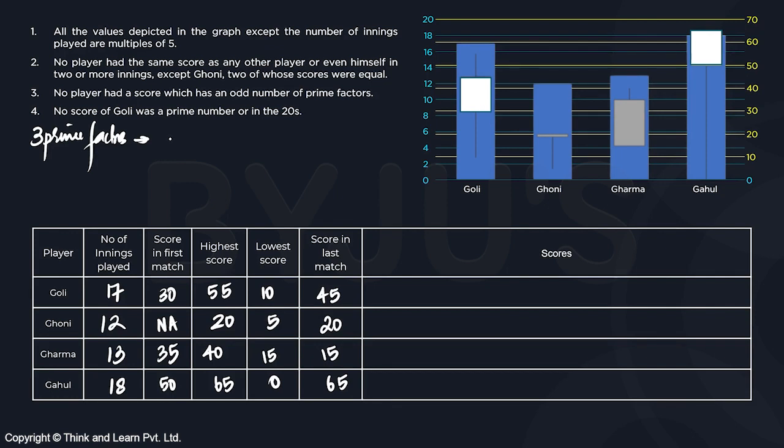We will have 2, 3, 5, which is 30; 3, 5, 7, which is 105; 2, 3, 7, which is 42. So we can have a lot of cases here.